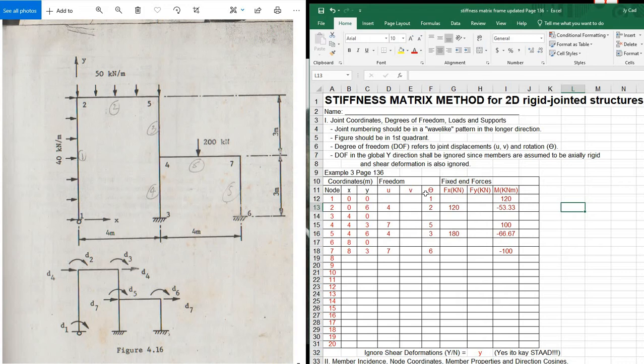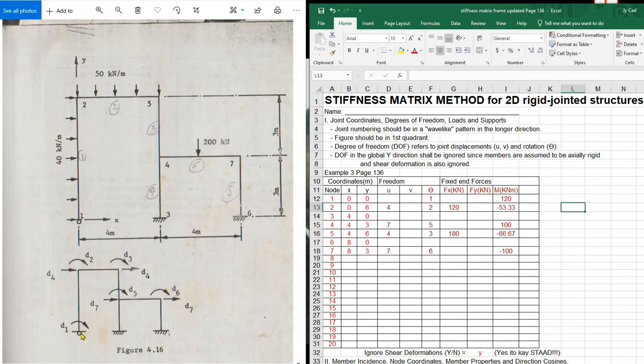Okay? So, ito yung ating displacement numbering or freedom numbering. Remember na kapag may rotation or may angle na nangyari, that is also displacement.